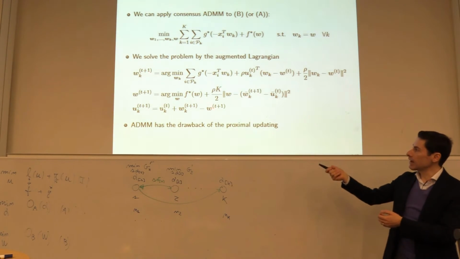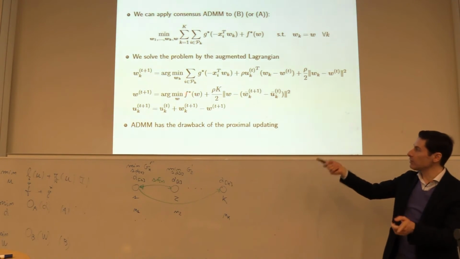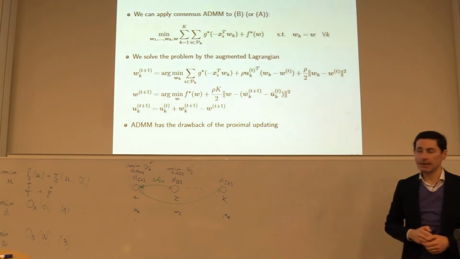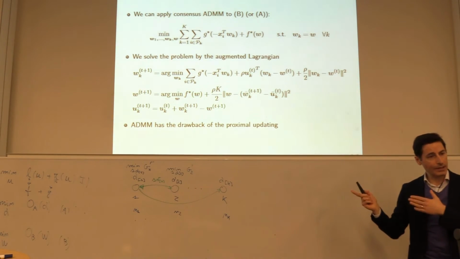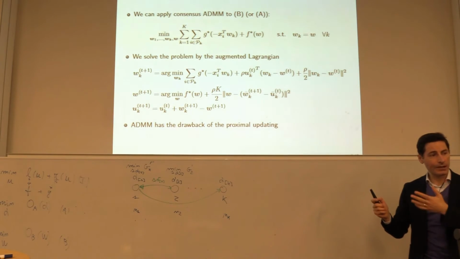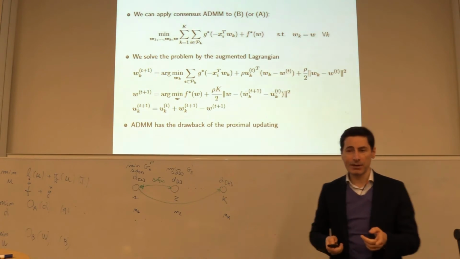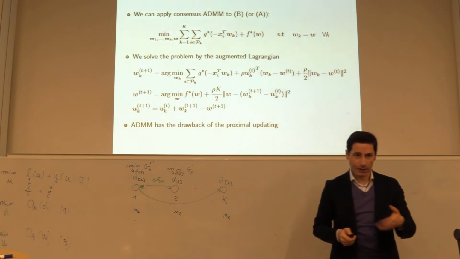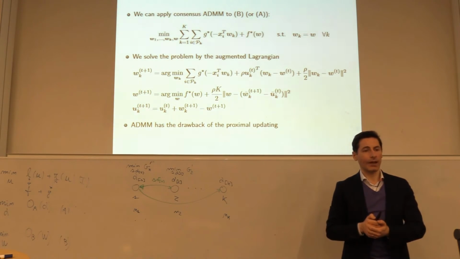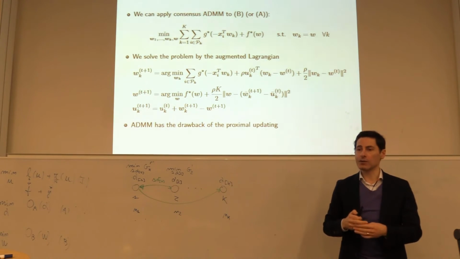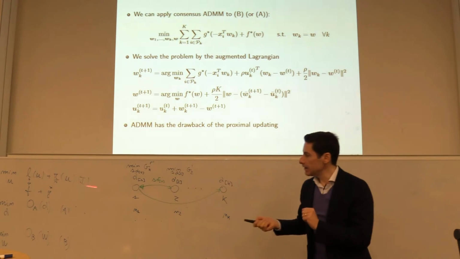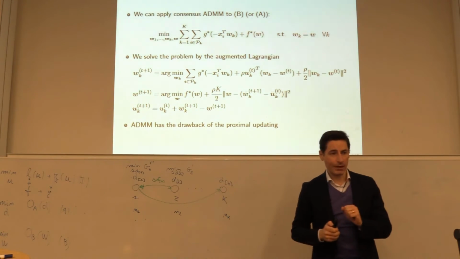The general method that I've just introduced before doesn't have this term, so it's less computation, less communication. What is remarkable is that in the paper that you will see listed at the end of the lecture, there is a thorough numerical comparison of this framework with ADMM.